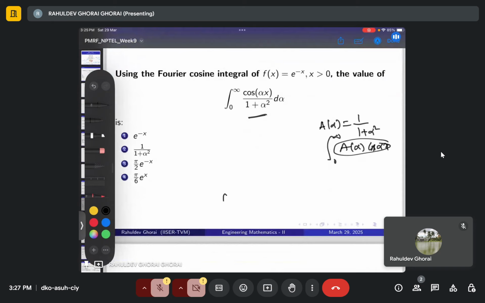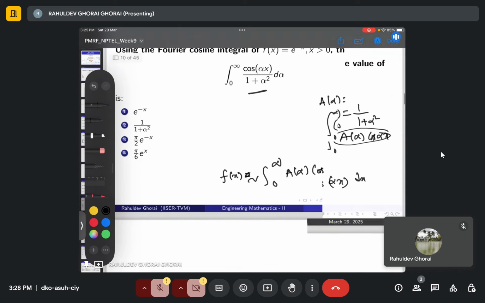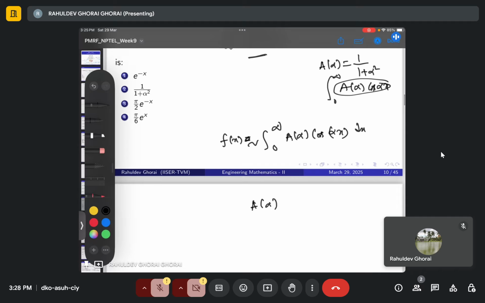The Fourier cosine integral, if you write it of the function, that will be, I mean, not equal to, mainly people write like this approximation, alpha cos alpha x dx. But in this case, as the other term is not A, one should write it as 2 over pi instead of 1 over pi, okay?